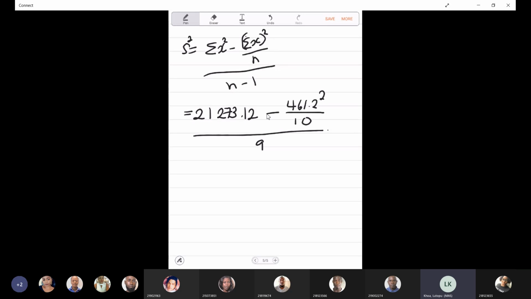Then this I just type in on my calculator. And what I got is 0.286222, and then it continues in that manner. So to 4 decimal places, this is approximately 0.2862. Okay, so now we know what our s squared is.